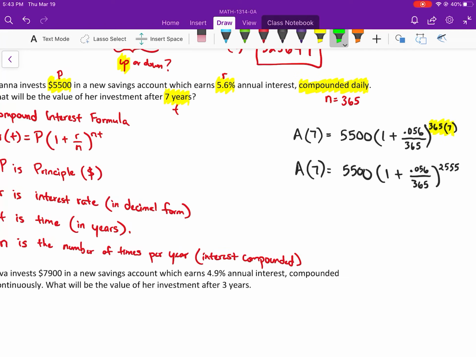Alright, my next step here is to go ahead and divide this. 0.056 divided by 365. That's my rate divided by N. So 0.056 divided by 365.